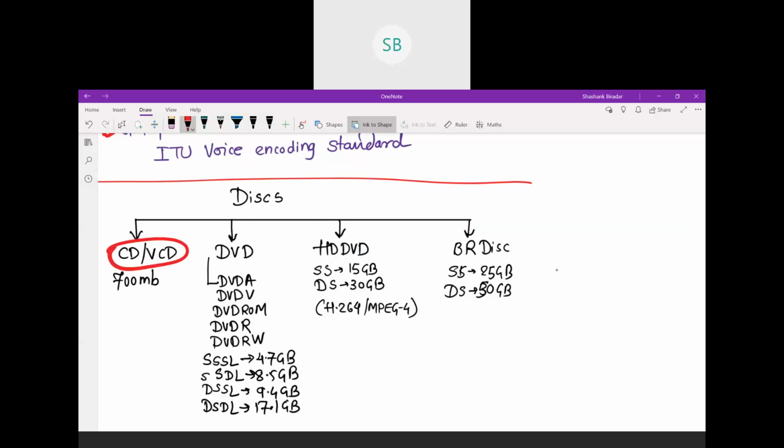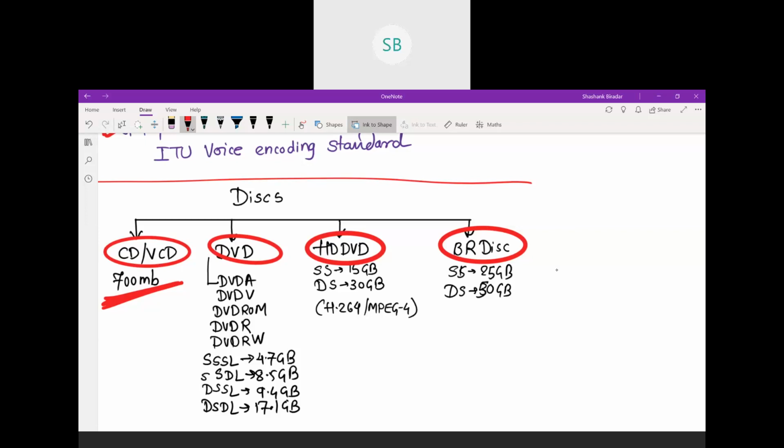So, coming back to our lecture, the discs are classified into CD, DVD, HD DVD, and Blu-ray DVD. As far as capacities are concerned, the CD is 700 MB. Then coming to the DVD, you can find there are various types of discs present here.